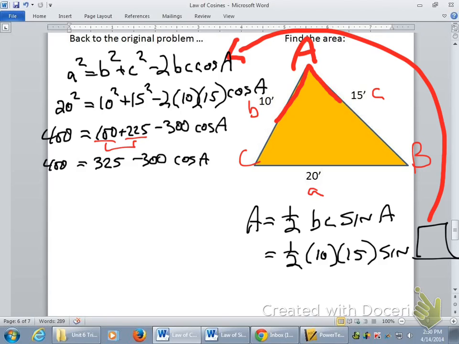And then, what do you do with the 325 minus 300? Exactly. Thank you. You cannot do this. These are not like terms. So instead, I subtract the 325.